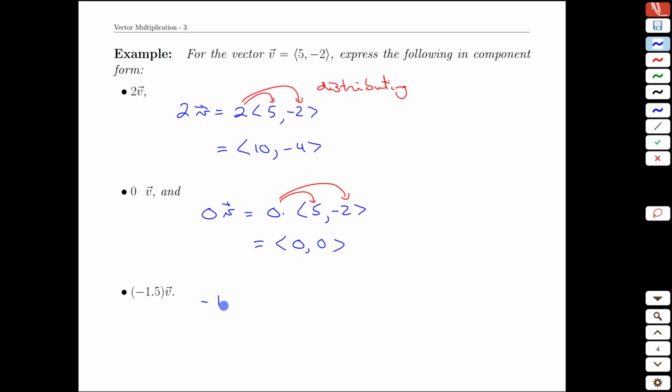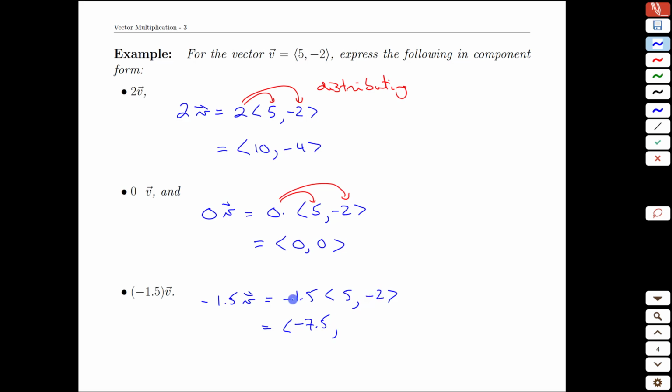Last but not least, if we have negative 1.5v, the calculation process is identical. What we're going to see is this negative is going to invert the direction in x. The original vector was 5 to the right, and now when we do this multiplication, we're going to end up with a negative x component, so it'll be going left, changing the direction, and likewise, we were going down in y originally.